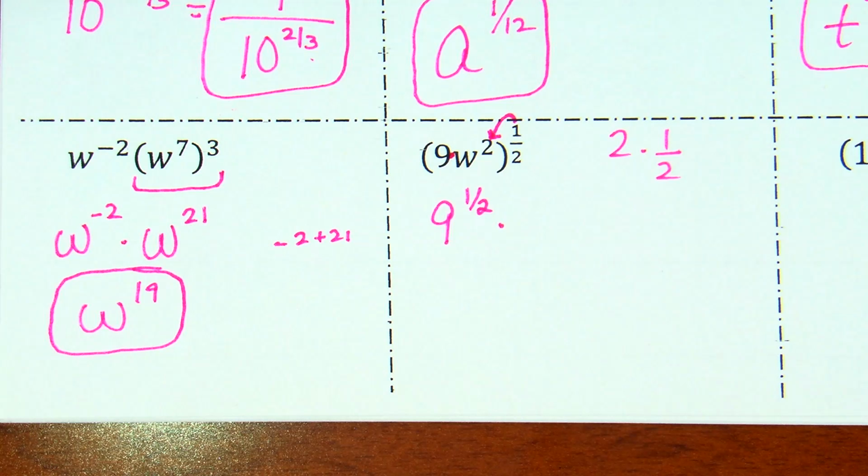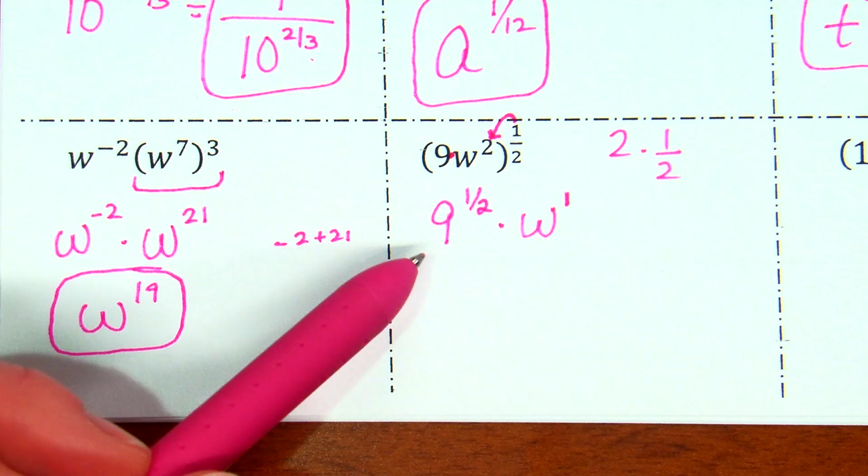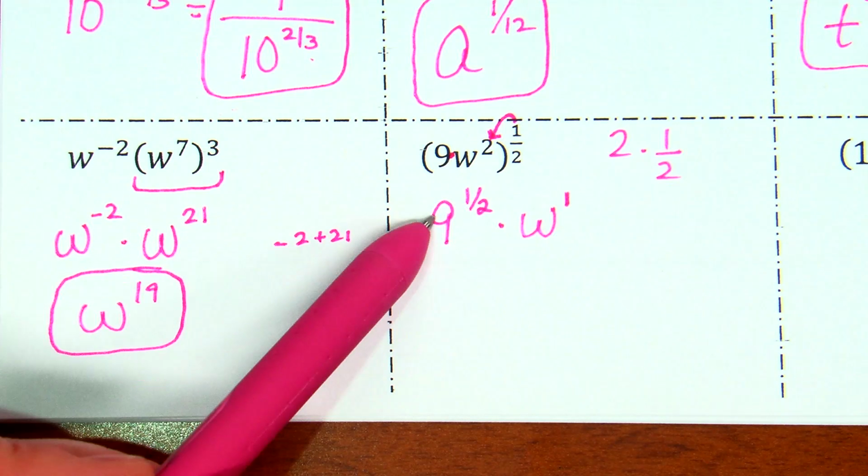Now, okay, we haven't gone over this yet, and they actually teach this in 7.5, I think. But they're not going to let you leave 9 to the 1/2, because 9 to the 1/2 can go a little farther. I'm debating which way I want to teach this. 9 can be rewritten as a square, and how they would show this is they're going to say 9 is 3 squared raised to 1/2.